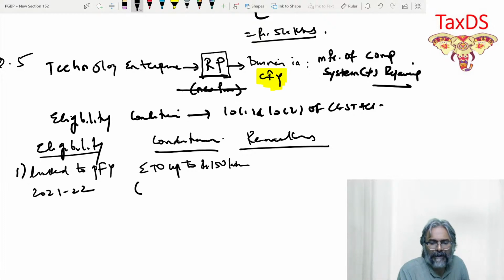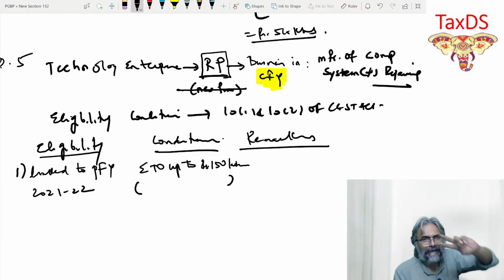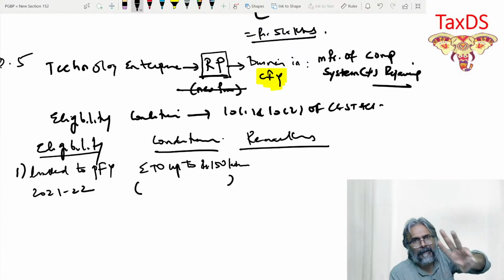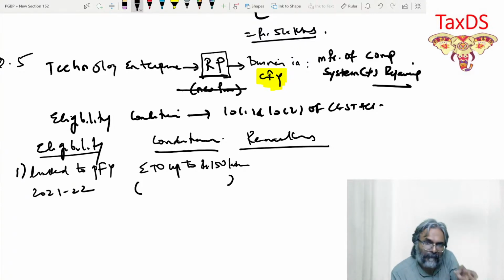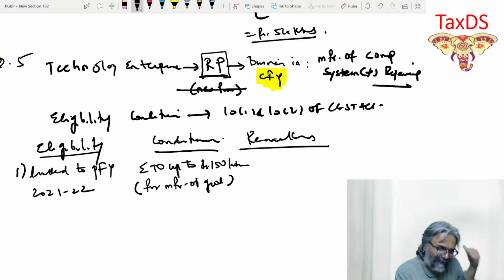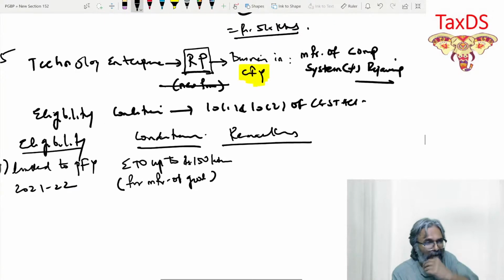Now I told you already, please make a reference. This 150 lakhs is scheme number 1. Scheme number 1 has 3 persons. In that first eligibility itself, define who that person is for manufacture of goods. But don't write it in the second one again and again. Don't do repetitions.